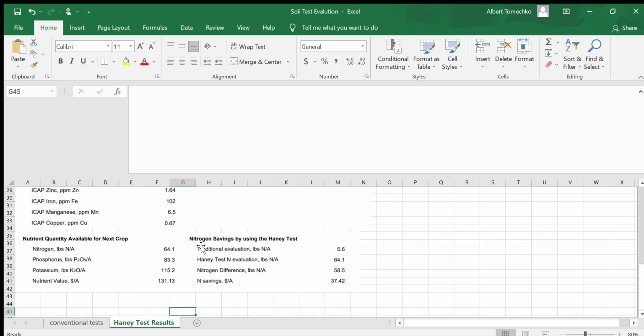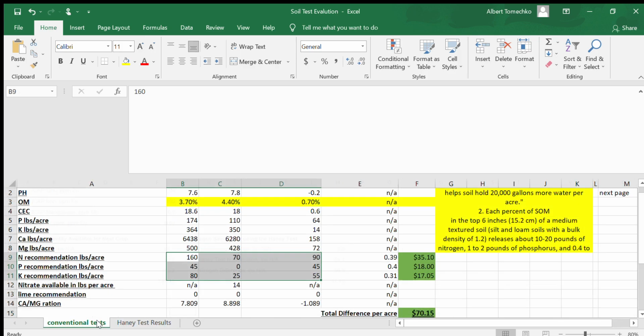There's blood meal, there's bone meal, and I really don't have to use a whole bunch of synthetics and increase the salt load on the soil and increase the likelihood of oxidation reduction reactions in the soil.